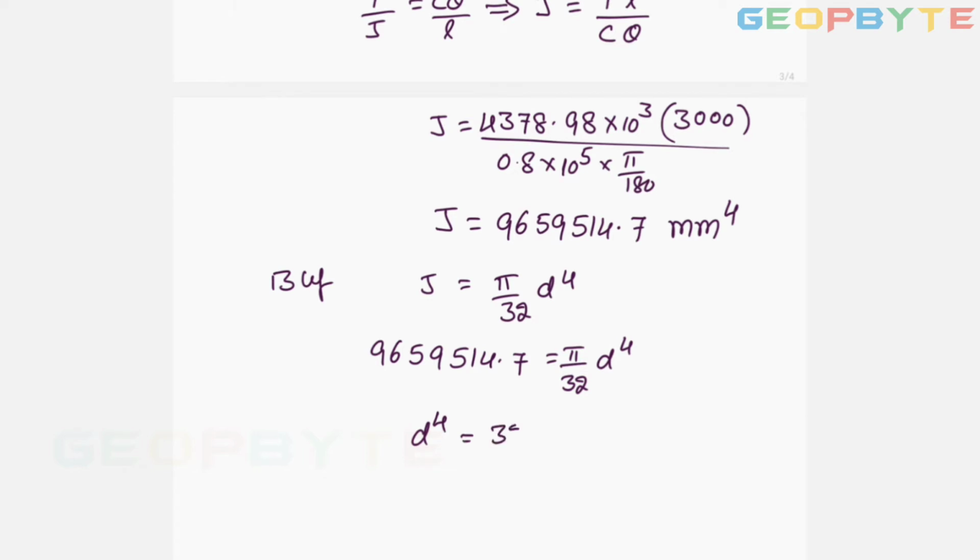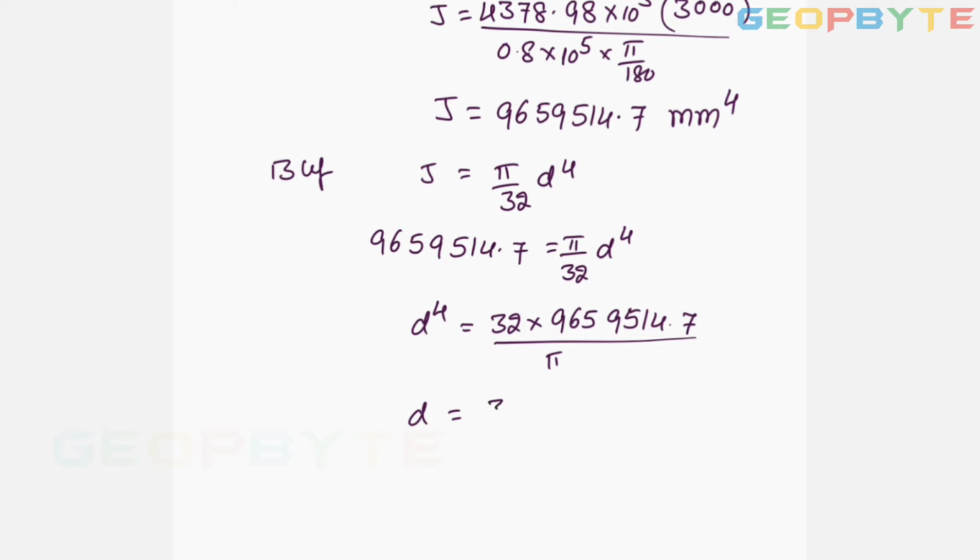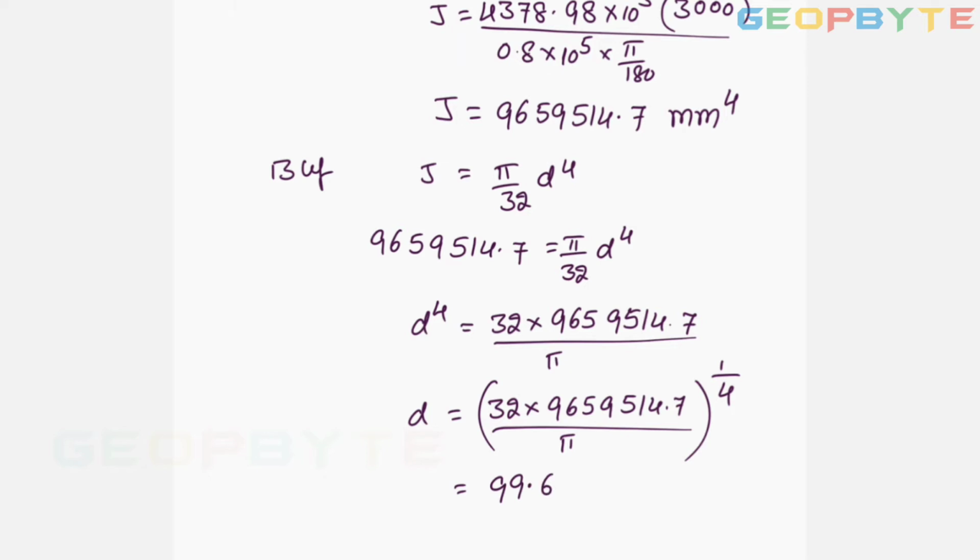D power 4 equal to 32 into 9659514.7 divided by pi, or diameter of the shaft equal to 32 into 9659514.7 divided by pi whole power 1 by 4. Simplify this value, I got 99.662 mm.